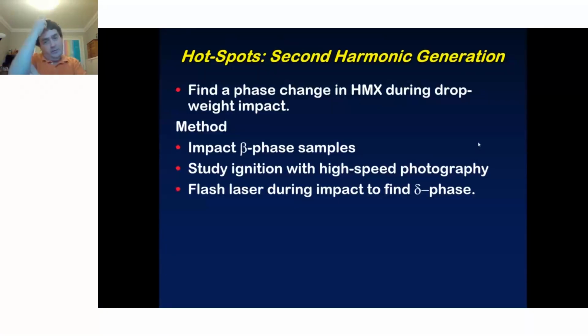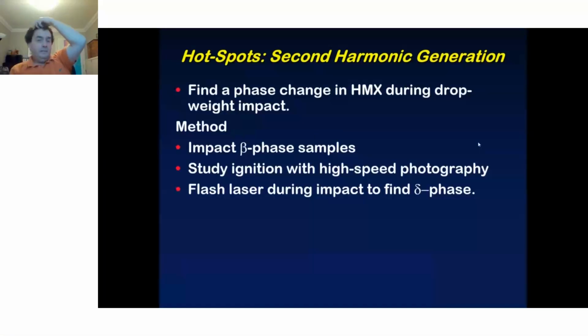And what we find is that there is a delta phase of HMX, which has an optical effect called frequency doubling. It fundamentally interacts with the incoming light, and some light is emitted where the frequency has been doubled through this kind of quantum mechanical interaction. So it's called secondary harmonic generation.